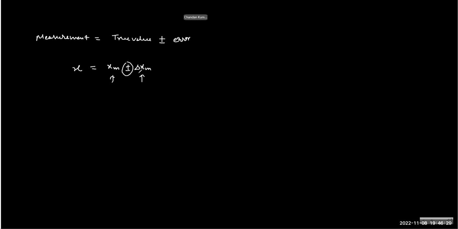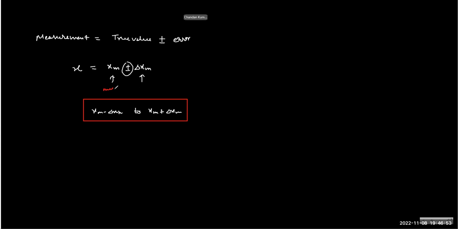So the final result may oscillate from x mean minus delta x mean up to x mean plus delta x mean. Because his result was oscillating in this range, he expressed the answer this way. So x mean is called the true value, the mean value, and this is the error value.